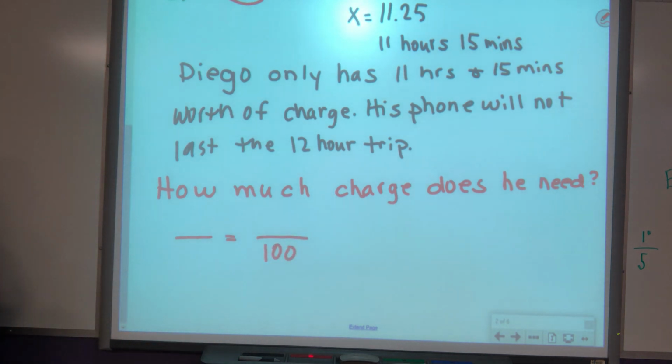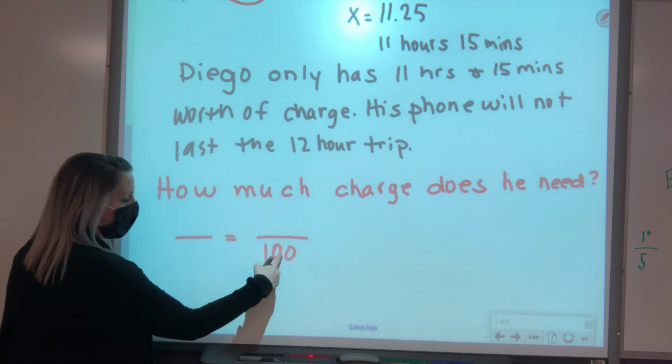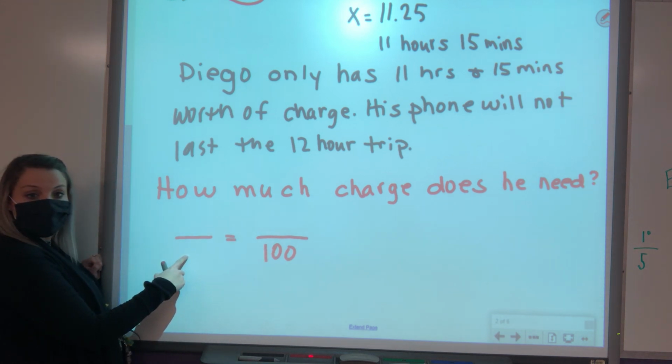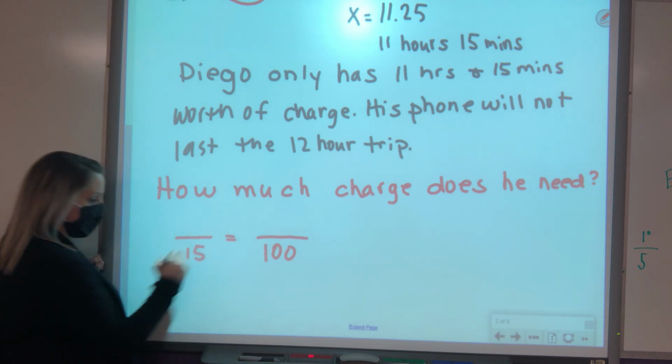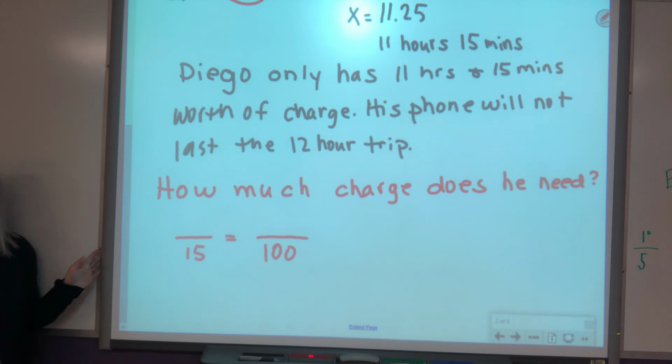What information do we have? 100% of the battery lasts 15 hours. Do we know how long the battery has to last? Yes. How long does the battery have to last? 12 hours. So where does the 12 go? On top of the 15.